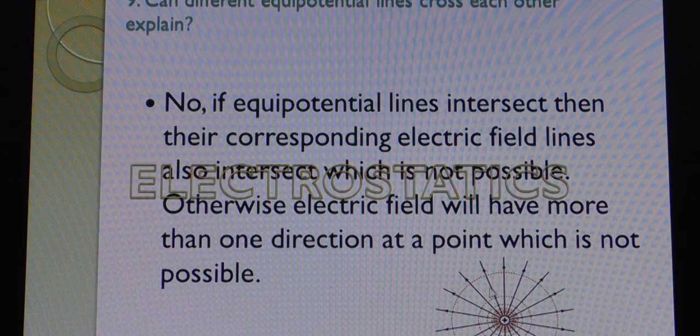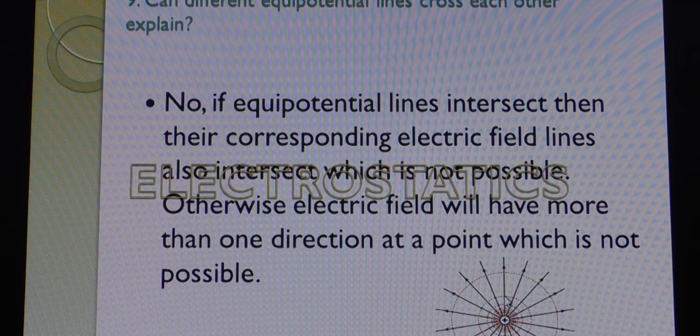So you can see here, these are different equipotential lines, and no two lines are intersecting each other because the distance of consecutive lines is the same. And when these two lines intersect each other, it means their interdistance changes.